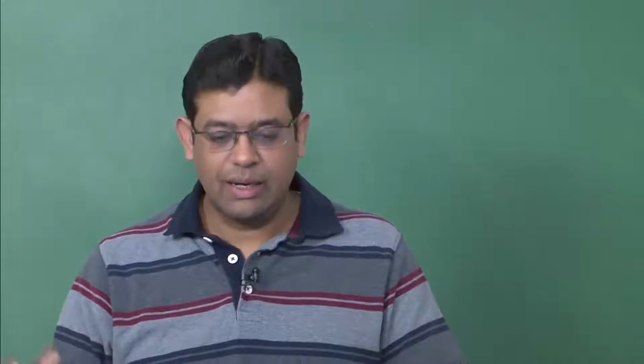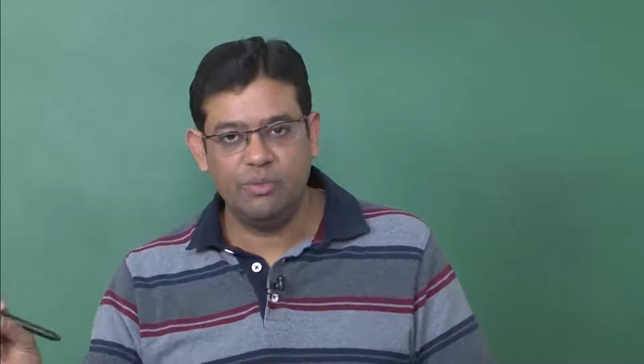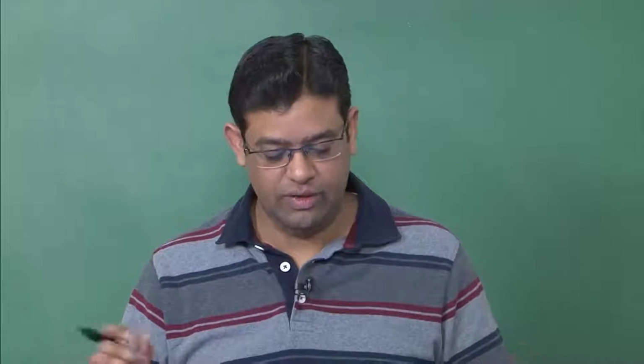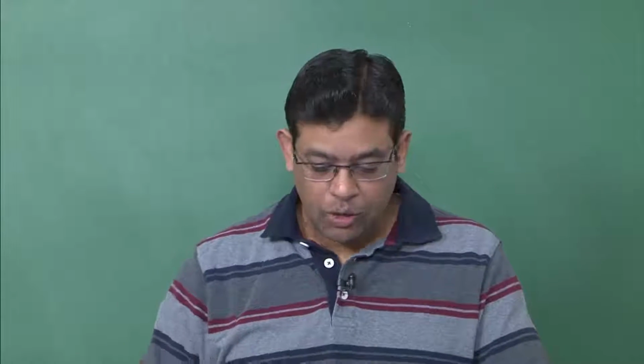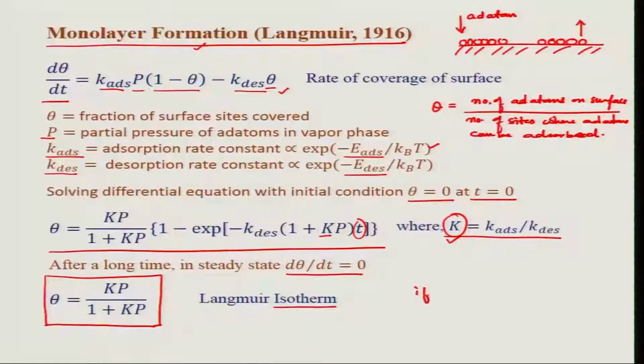So, there will never be complete monolayer formation; there will always be some sites left vacant. Only if your K into P is much greater than 1, then theta will approach 1, like a complete monolayer. It will approach, it will never reach there.